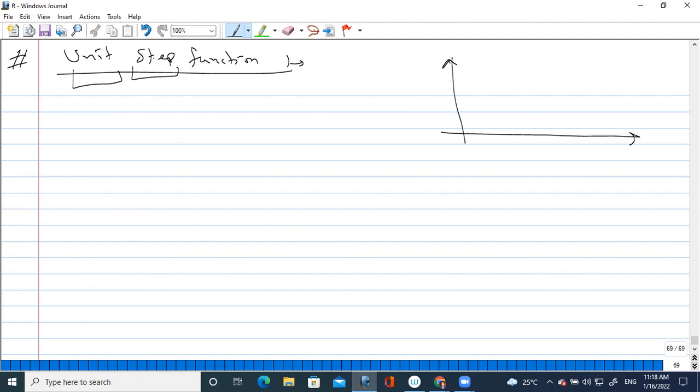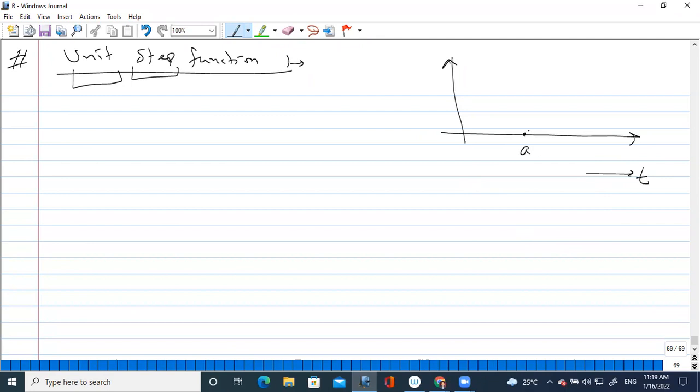At some point only it will have a step. Suppose it has a step at x equal to a, or don't take x, because here our function is of t. So take t equal to a.